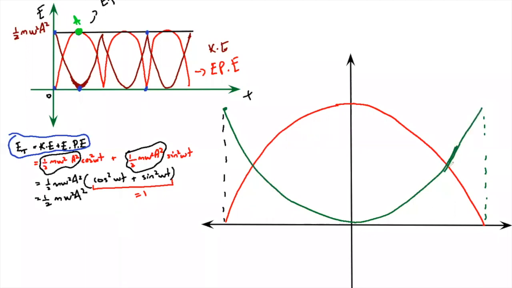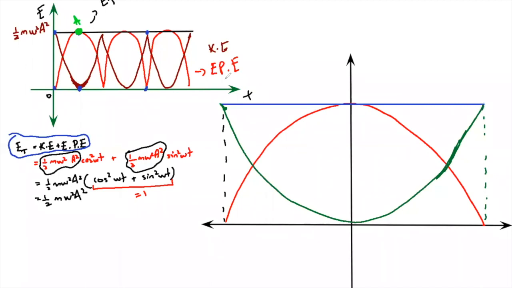And one more thing. I told you before that the total of these two is always going to be the same. So I'm also going to have a line. It's going to be a straight line over here. And this is going to be my total energy. You have to make sure that none of your graphs, not the red one, not the green one, shouldn't go above the blue line, because we know that kinetic energy plus EPE is going to give you total energy.